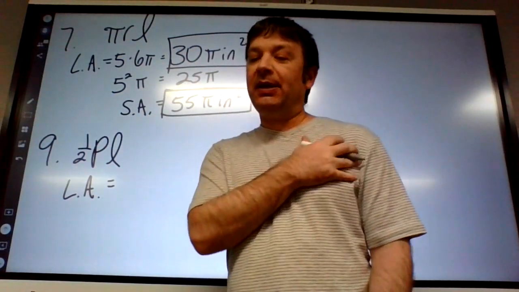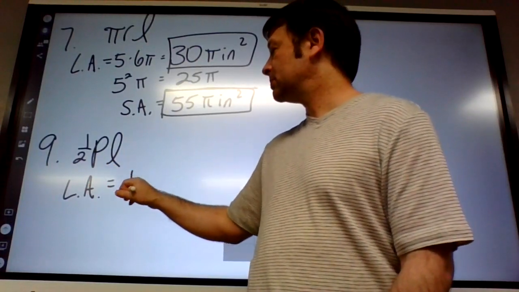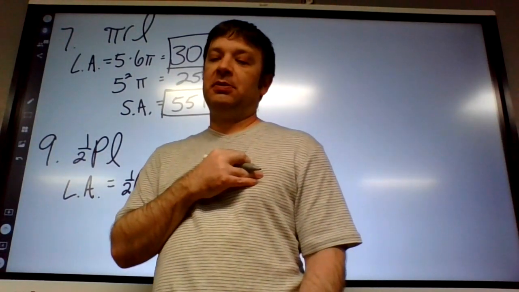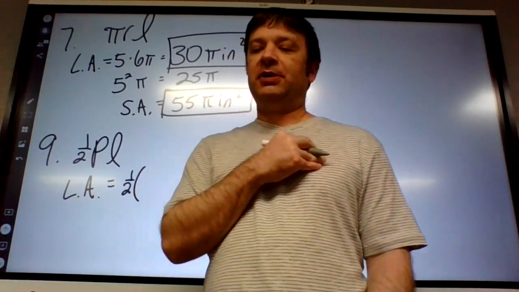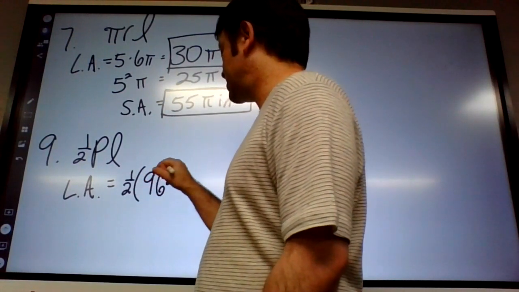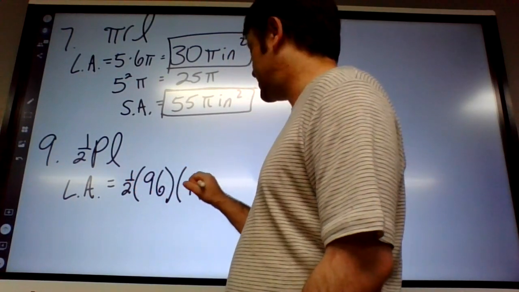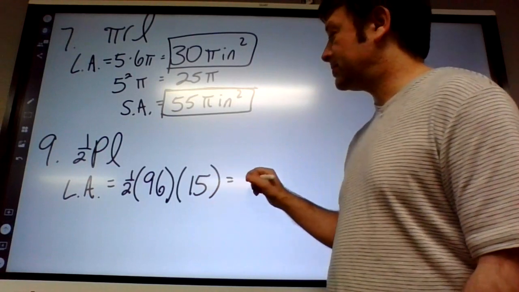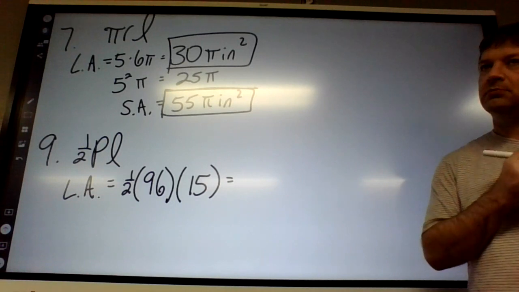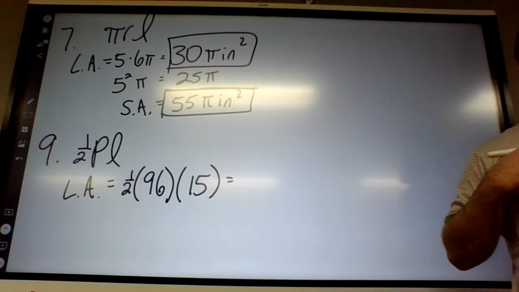So, on number 9, what is the perimeter? 24 times 4. So, that would be 96. What is the slant height? 15. Okay, so that would be one half times 96 times 15. This is so much easier. There's just a couple fewer steps.